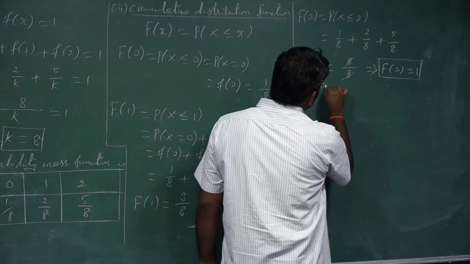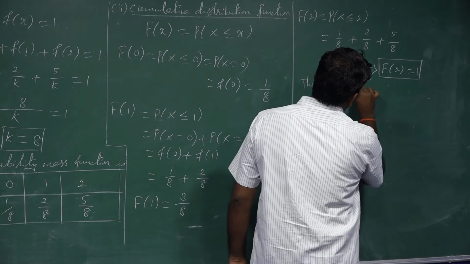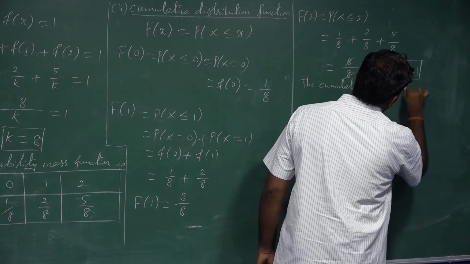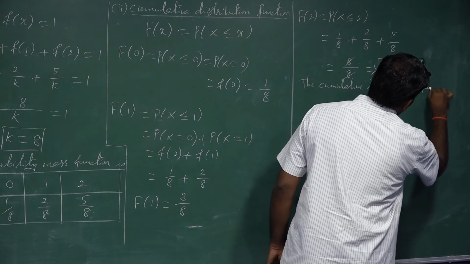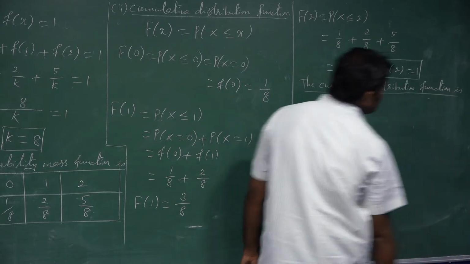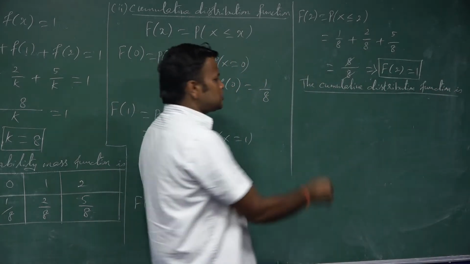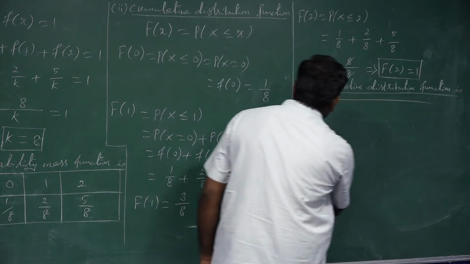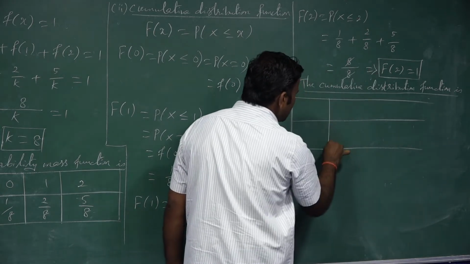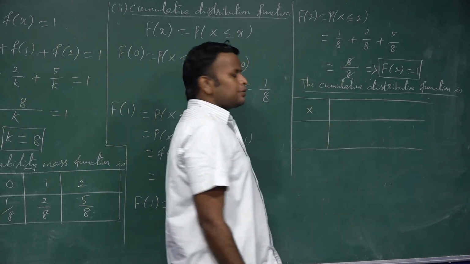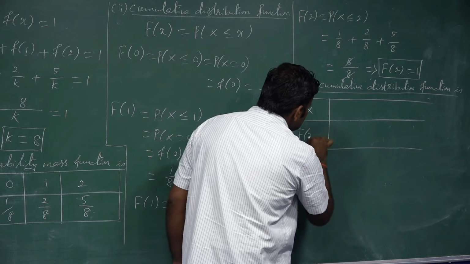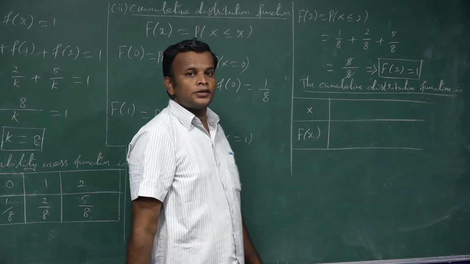Therefore, the cumulative distribution function is here. Also we form a table. The first column is the values of x. We write capital X or capital X is equal to small letter x. Next one, the cumulative distribution symbol F of x.